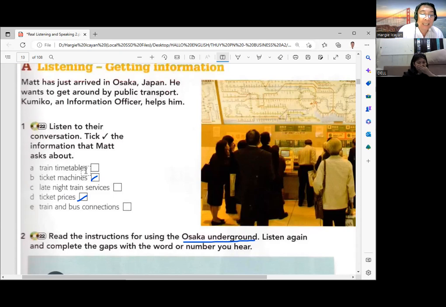Again, train timetables can also be important if there would be no translation. So you ask, okay? Do not pretend that you understand if you cannot understand. What happens if you cannot understand and you put your money on the machine and Chinese characters come out and you don't know how to proceed?